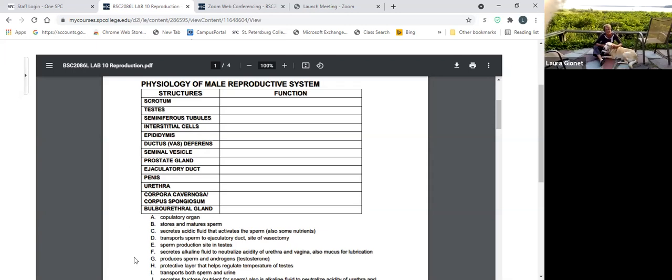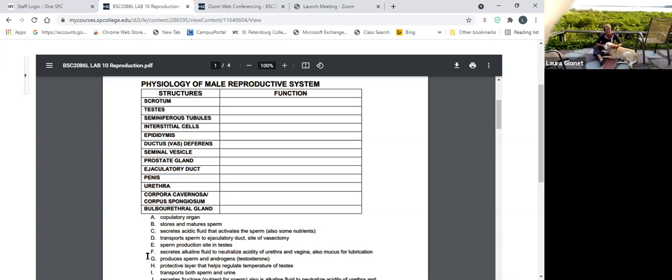That would be the prostate gland. D, transports sperm to the ejaculatory duct. That would be the vas deferens. E, sperm production site in testes. That is actually within the seminiferous tubules. The seminiferous tubules are in the testes, but the specific area.